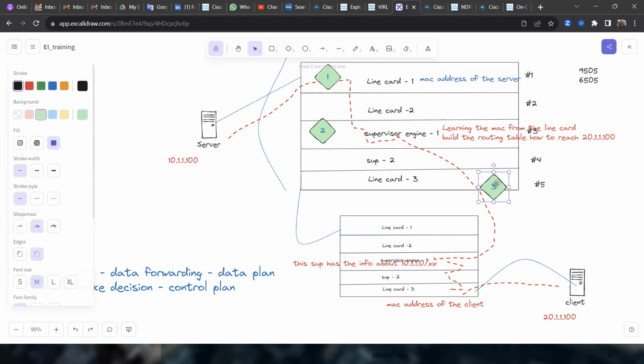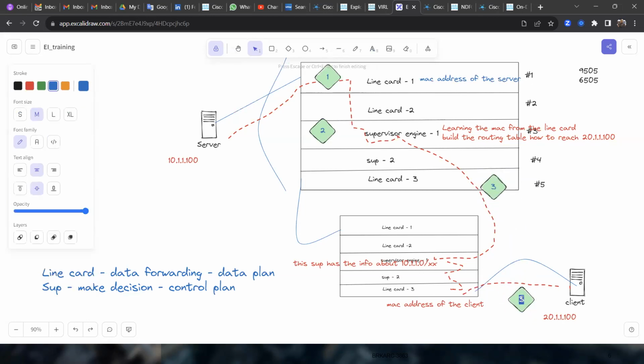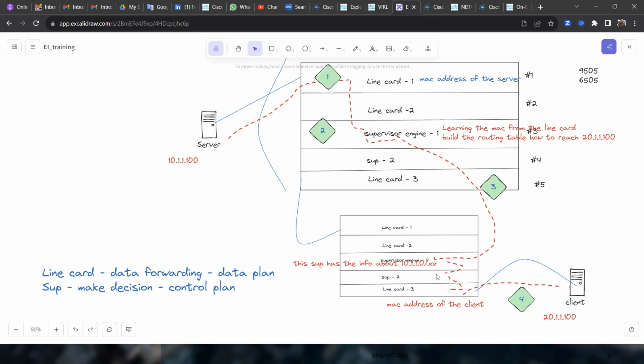Now at the same time, when the client is connected to the line card, the other switch is learning the MAC address of the line card, right? And then the communication is happening.